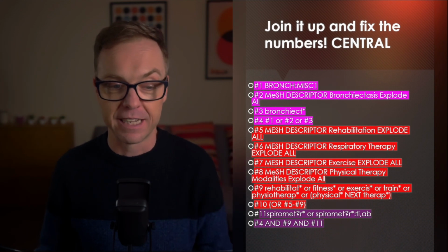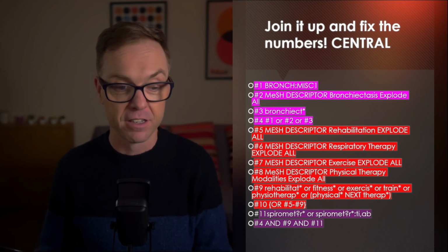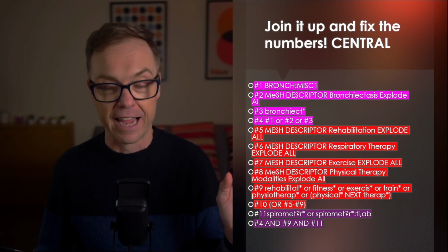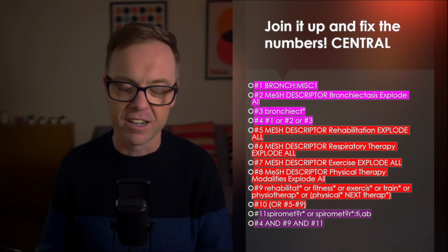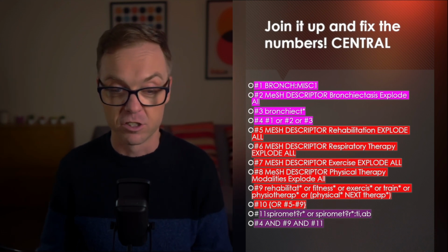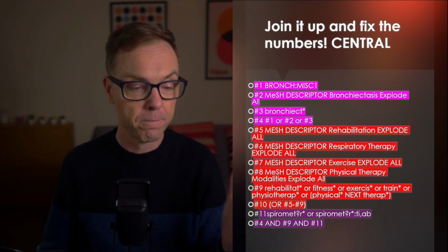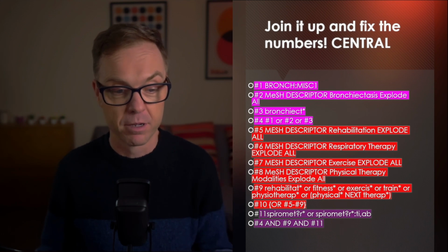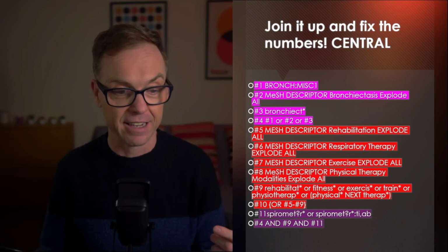So this is the search from Central, and it previously ended at line 10. I've now added line 11, where I've added in the spirometer search. So it's an all field search plus a title and abstract search, which is kind of redundant. I could have done just the first one. And then I've joined line 11 up with lines 4 and 10.